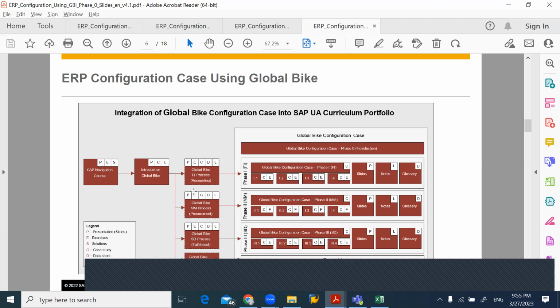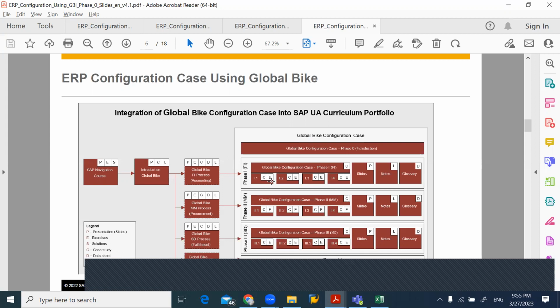In case you want to learn more and practice by yourself, you can request the case studies and I will share them with you. You can do material management and sales and distribution. In this way, you will be covering 3 processes which are related to supply chain management.